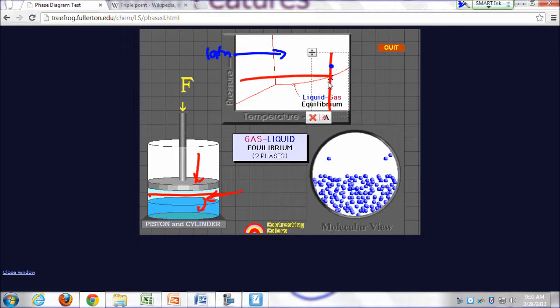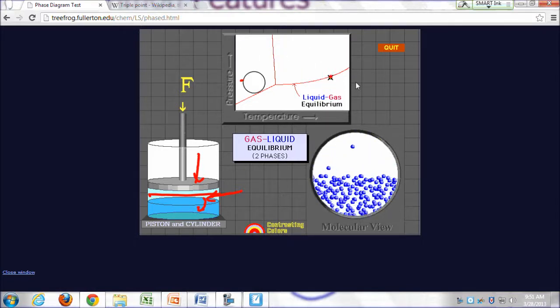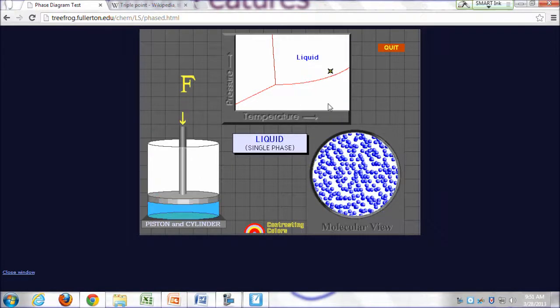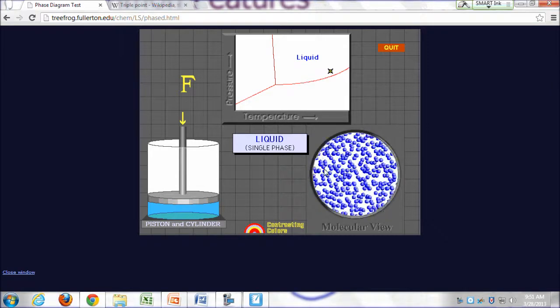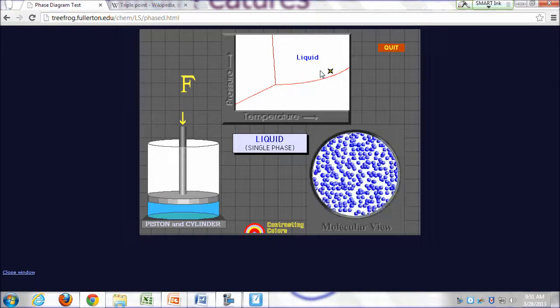Okay, and when you get there, oops, what happened here? Okay, everything turns into a liquid. So what would happen if I have a liquid and I were to cool it down at constant pressure?